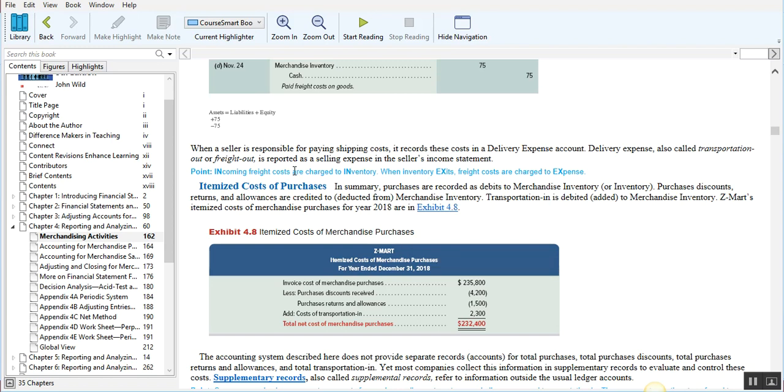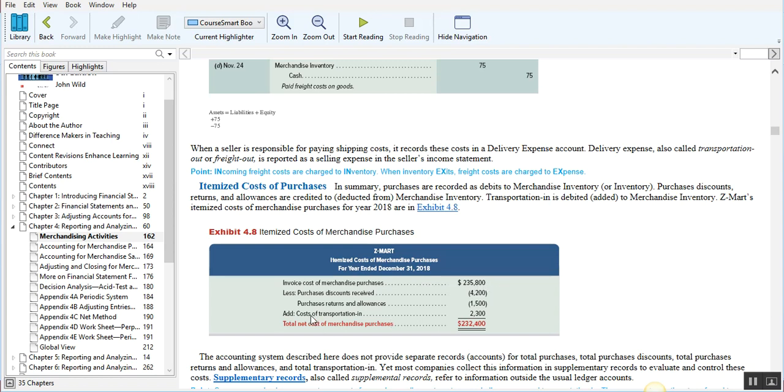So if we look at how we purchase items, we'll have some different items that we can actually consider that might impact the total ending cost of our inventory. So in Z-Mart's list of merchandise purchases, you'll see they have merchandise purchases of $235,800.